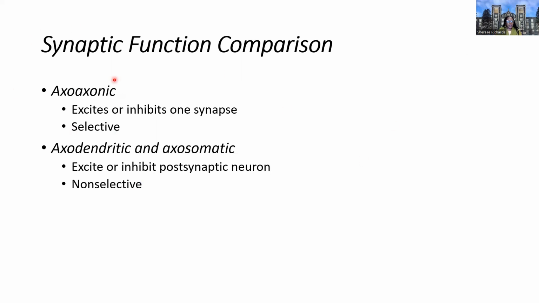All right, so just to compare here again, the axoaxonic type of synapse either excites or inhibits another existing synapse. And this is selective in that it really depends on the type of neurotransmitter being released and the type of synapse that it is modulating as well. For axodendritic and axosomatic, this can be either excitatory postsynaptic potentials or inhibitory postsynaptic potentials, and these are non-selective.